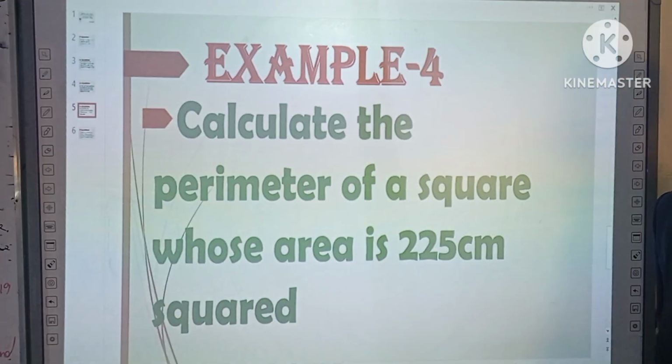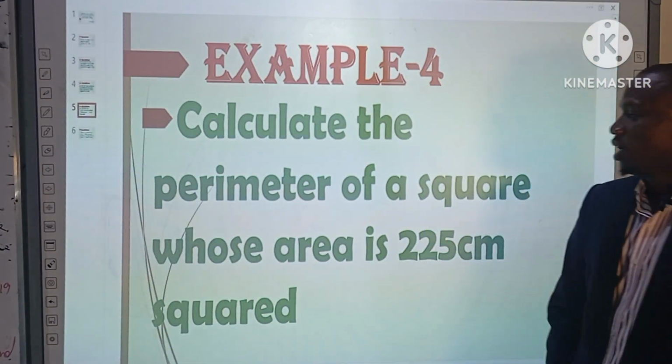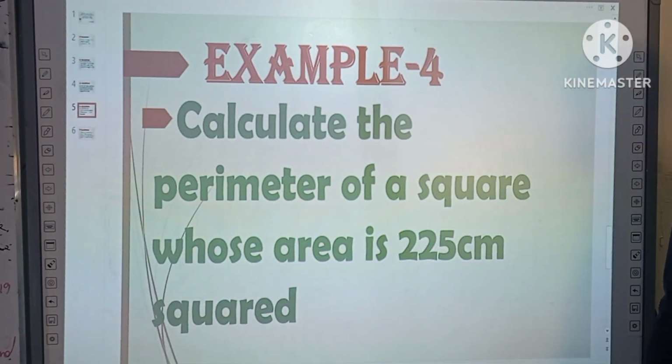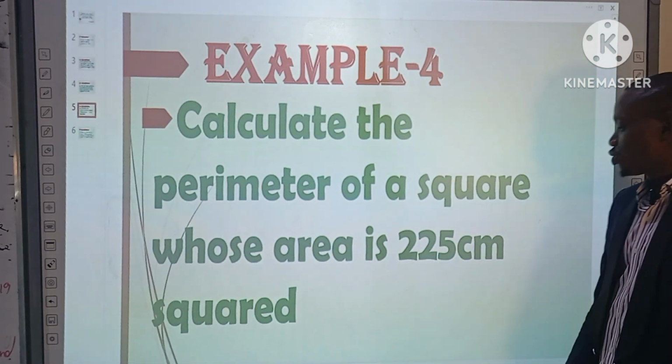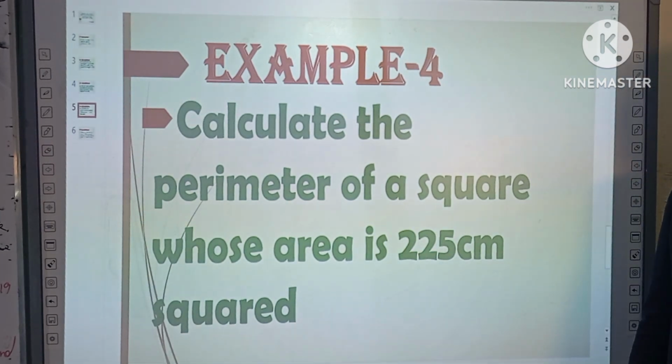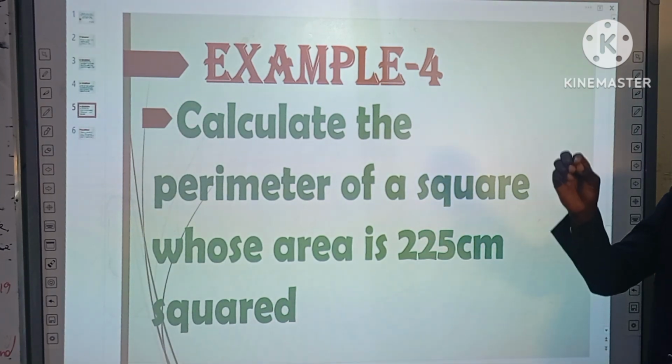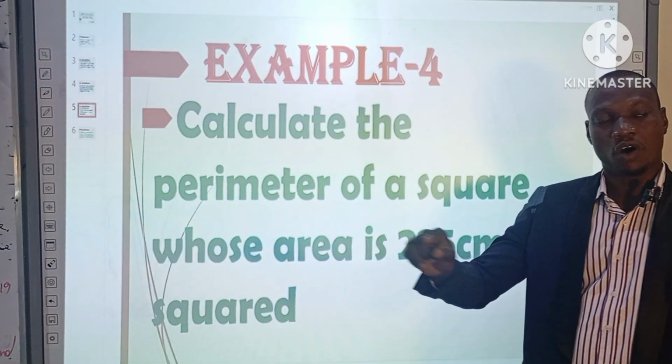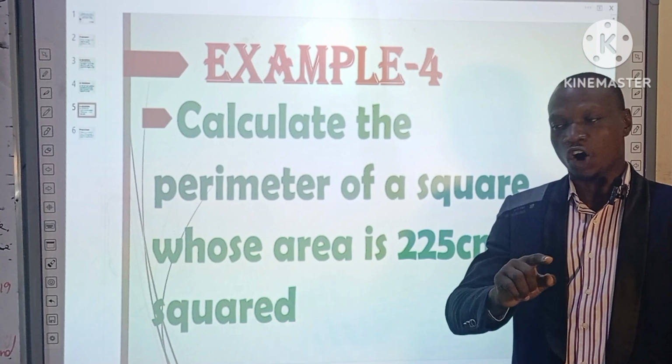Now we have another example on the board. Example number 4. To calculate the perimeter of a square whose area is 225 centimeters squared. Now in this case, we have been given the area. And we all know that the sides of a square are all equal.